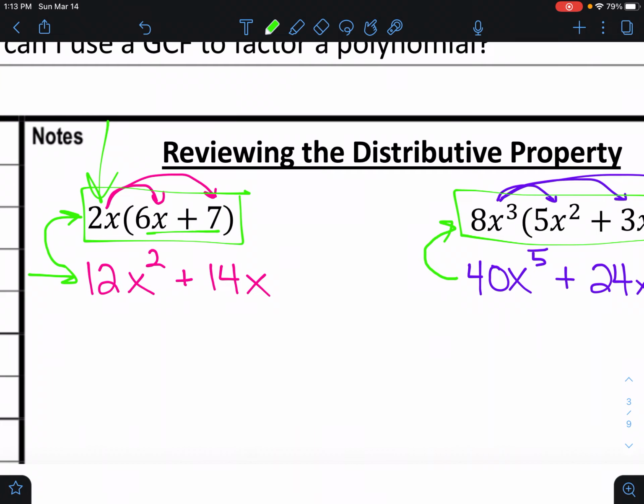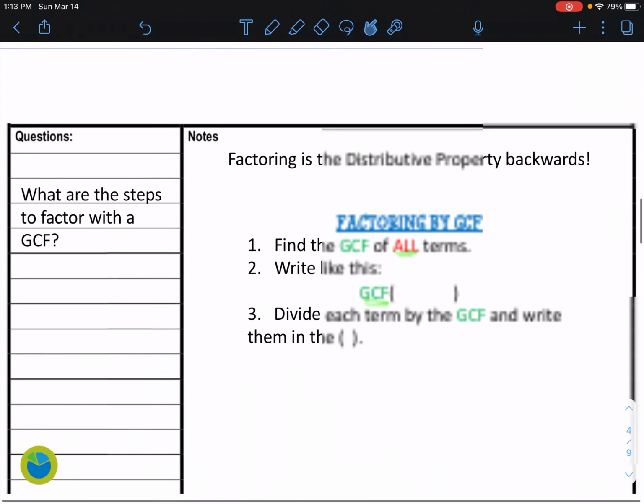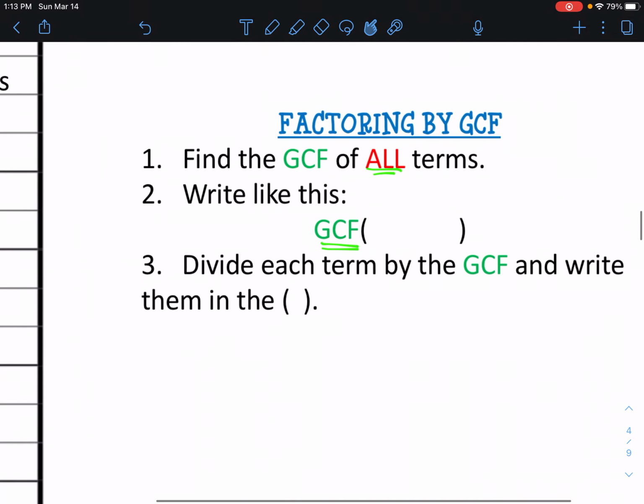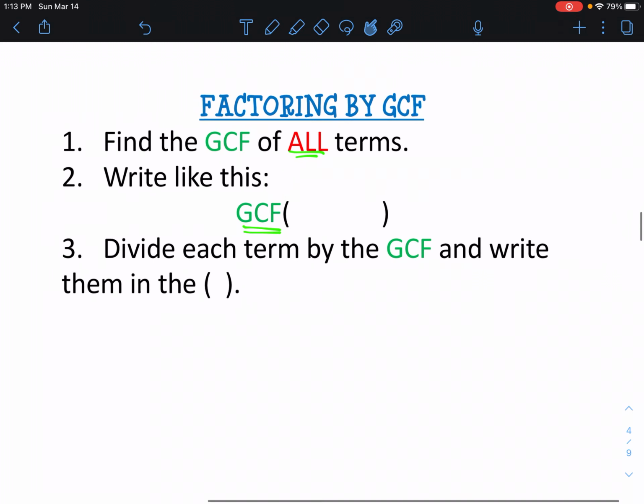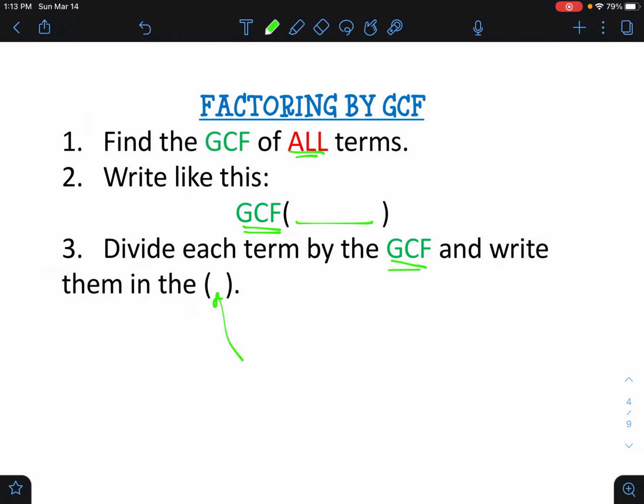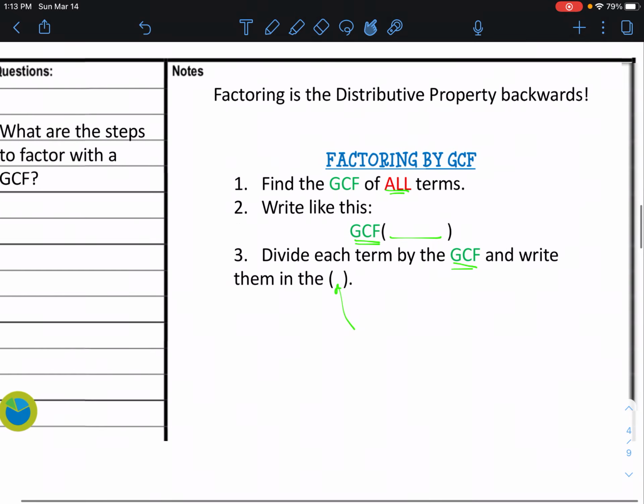And then you're going to figure out what goes inside those parentheses. Okay? So then you'll put some parentheses. And then to figure out what goes in this space here, you will need to divide each of the terms by the greatest common factor and then write them in the parentheses. And you'll see what that means, but those are the steps, really, okay? So here we go. Let's try this out.